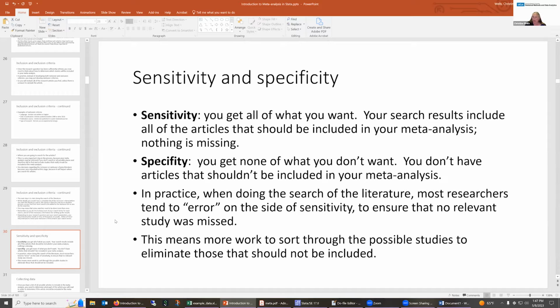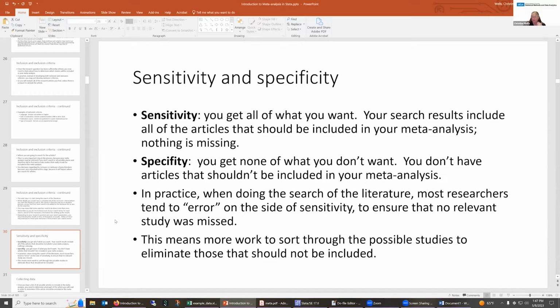And in practice, what most researchers do is we tend to err on the side of sensitivity, meaning we give up on the specificity. We get stuff we don't want to ensure that we didn't miss something that we were supposed to have. The practical side of that means there is more work for you and your team to go through the possible studies to eliminate those studies that are not supposed to be in your meta-analysis.